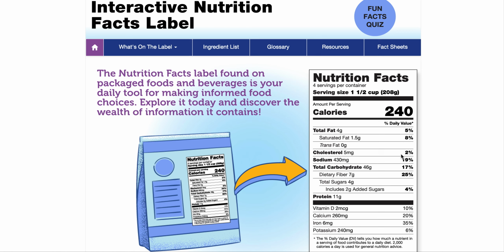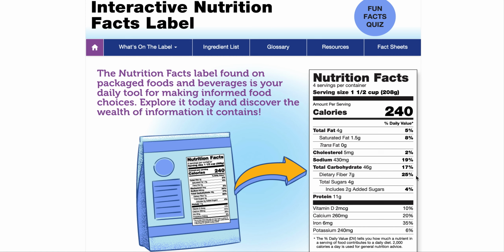Anything that's high is considered 20% or more. So you want high daily values in things like vitamins and minerals down here, and your dietary fiber. This label shows that this food is a good source of fiber. We have over 25% of our daily value in this food item.